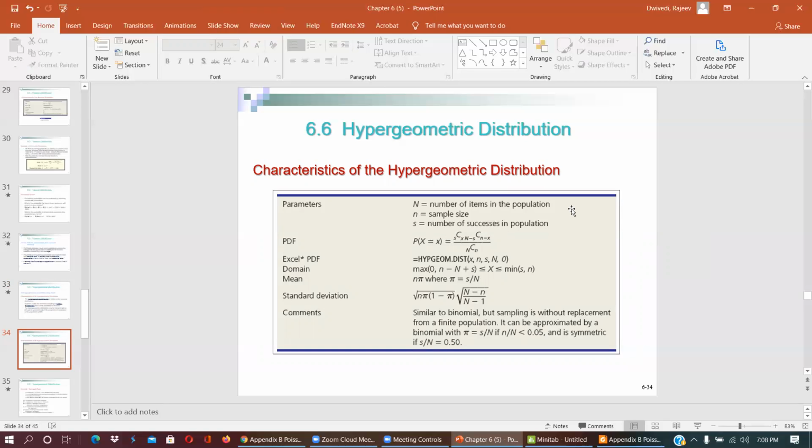Let's say 20 directors or 10 directors are there, and we are going to take a sample size of 5 directors. S is the number of successes in the population, and then we use n pi. Mean is this, standard deviation is this. We are not going to look into this.